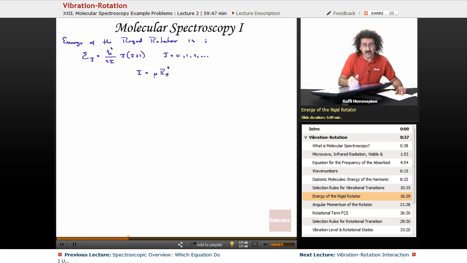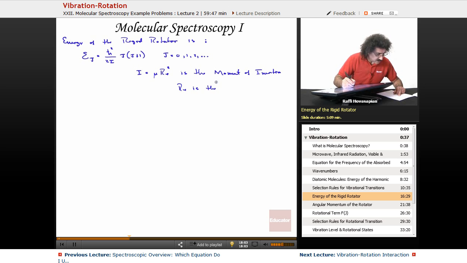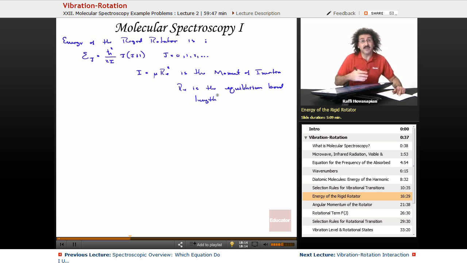The subscript e stands for equilibrium. So this I is the moment of inertia, or the rotational inertia, of the molecule, and R e is the equilibrium bond length. One of the parameters that you'll see when you look at a table of spectroscopic constants is R sub e, the equilibrium bond length for that molecule.